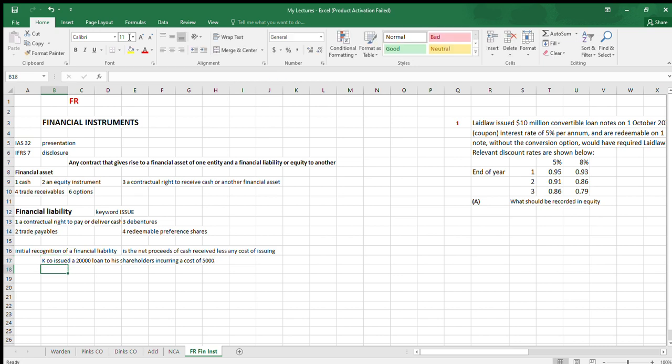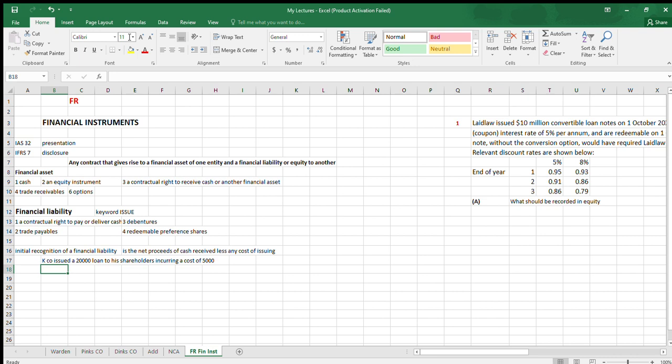So the first thing you need to do is to recognize the financial liability, and the recognition is initial recognition or the net proceed of the cash received less any cost of issuing.